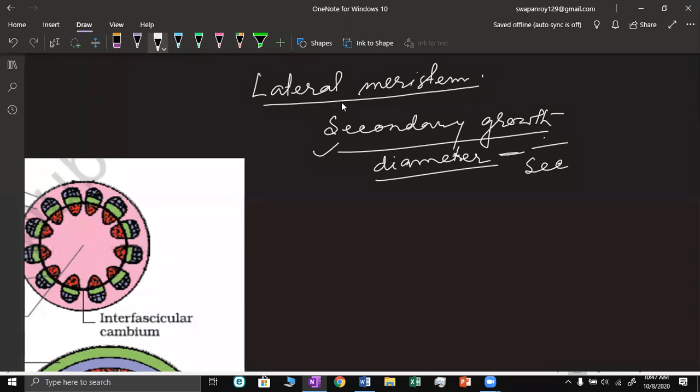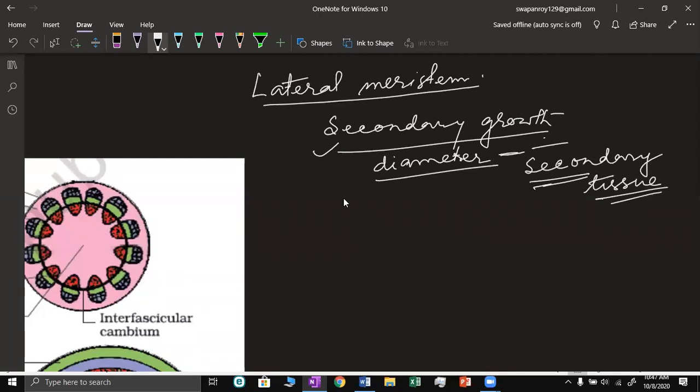There is production of secondary tissue. This secondary meristem or lateral meristem produces secondary tissue, simple as well as complex. Secondary xylem is produced, secondary phloem is produced, secondary cortex, secondary parenchyma, and sclerenchyma tissue is also produced.